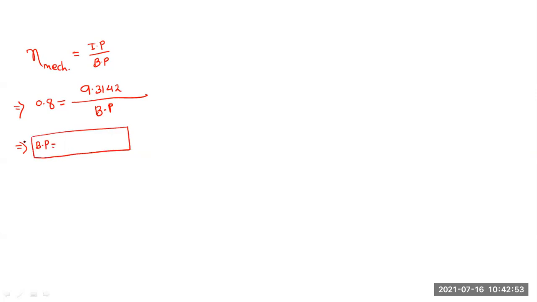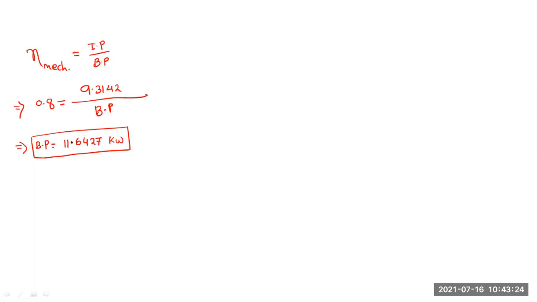How much are we getting? 9.3142 divided by 0.8 gives 11 point something. We are getting the brake power as 11.6427 kilowatts.